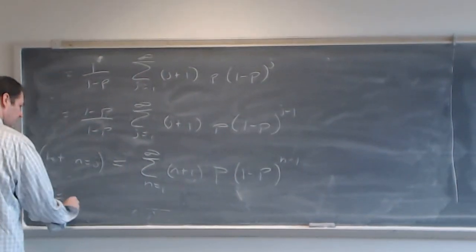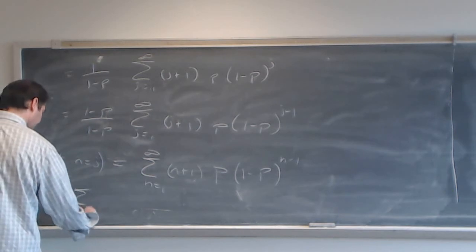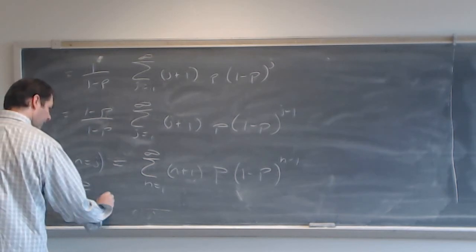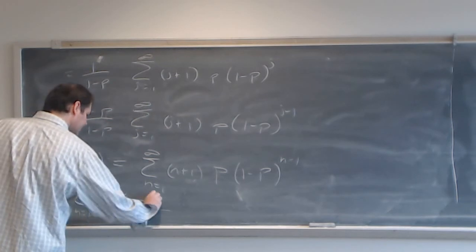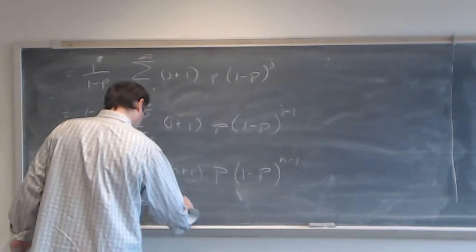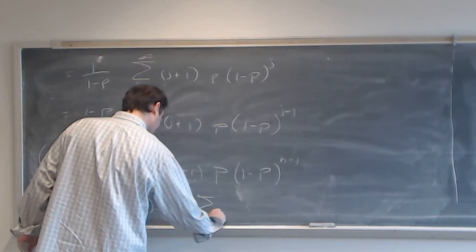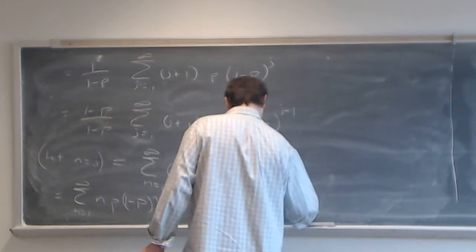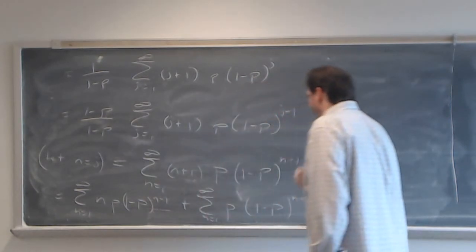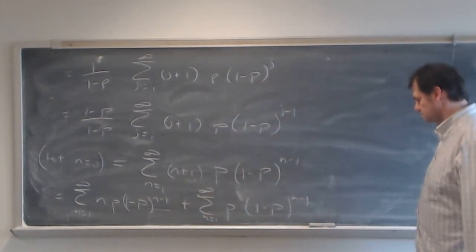Now, that's equal to the sum as n runs from 1 to infinity of n times p times 1 minus p to the n minus 1, plus the sum as n runs from 1 to infinity of p times 1 minus p to the n minus 1.